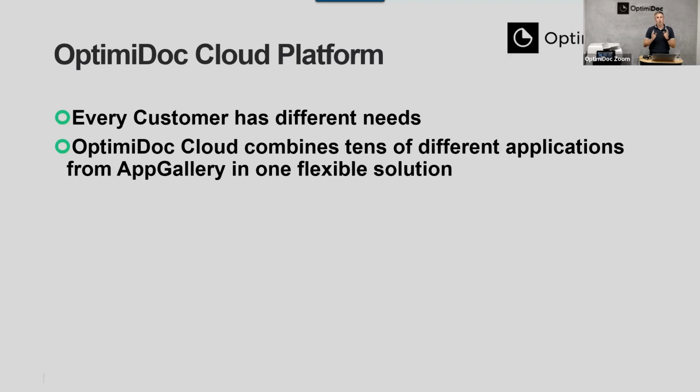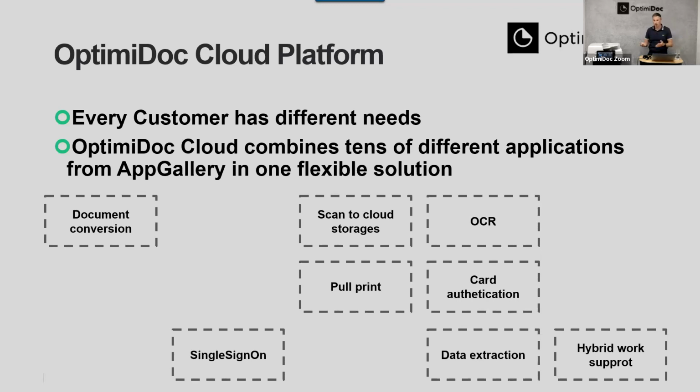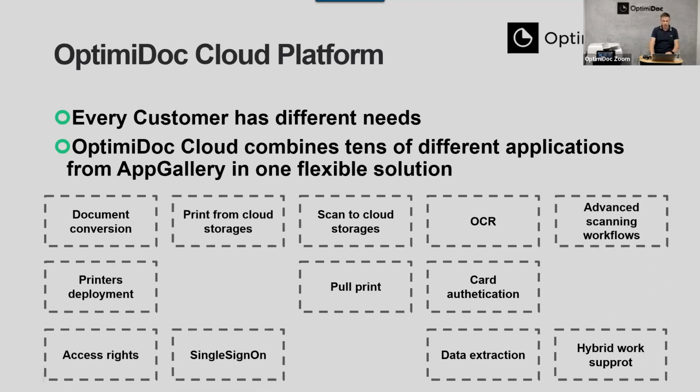From our point of view, OptimiDoc Cloud can fulfill the requirements of more than 95% of customers, whether they ask for document conversion, scanning to cloud storages, OCR, single sign-on, or for example pull printing with card authentication, or the possibility to work from home and scan documents from the home office. Or, for example, manage access rights, print from cloud storages, or have a really advanced scanning solution which can extract information from the documents, and so on and so on.